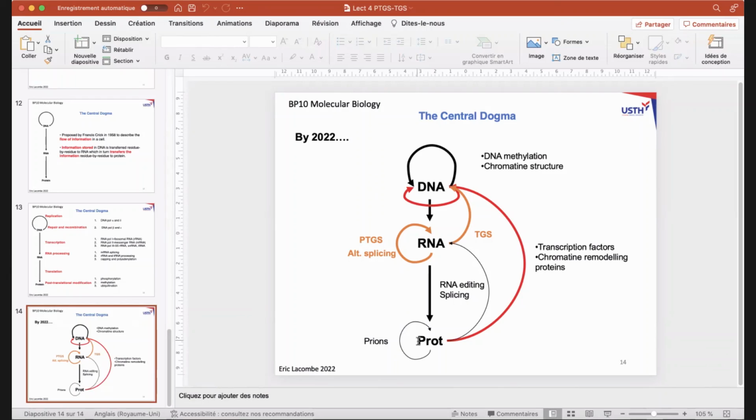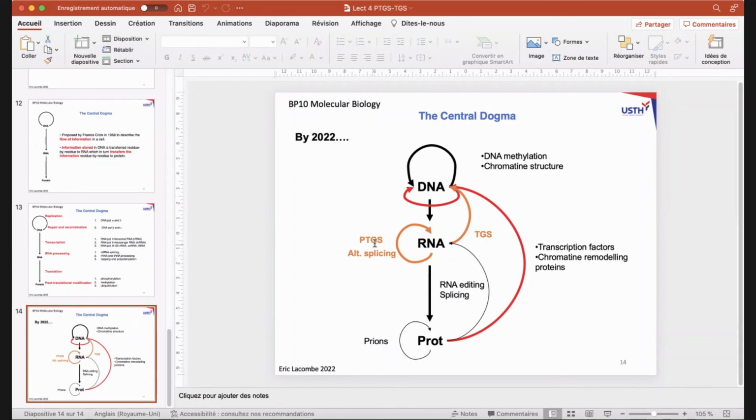You know that proteins can affect the condensation of the chromatin, and the condensation of chromatin can affect methylation of DNA. So what I would like you to do is to try to put back all the bits together using this drawing.